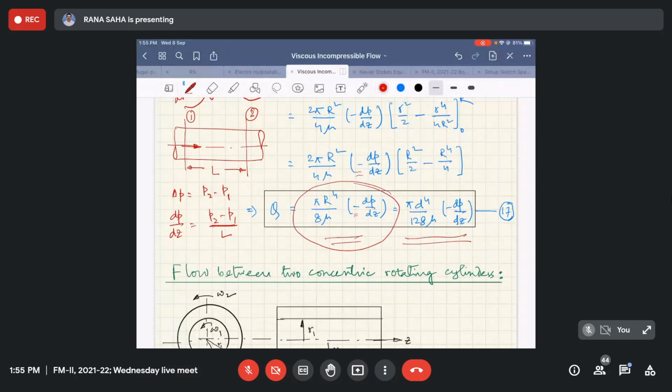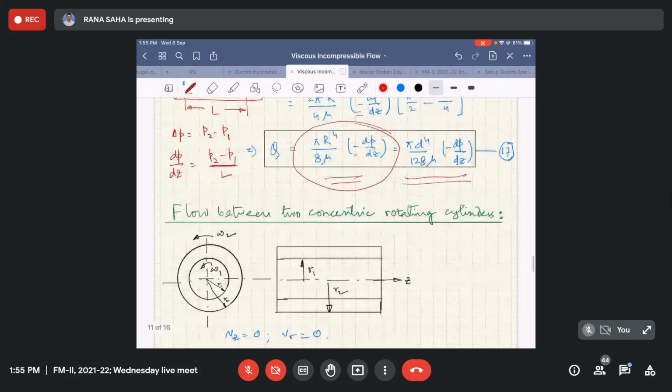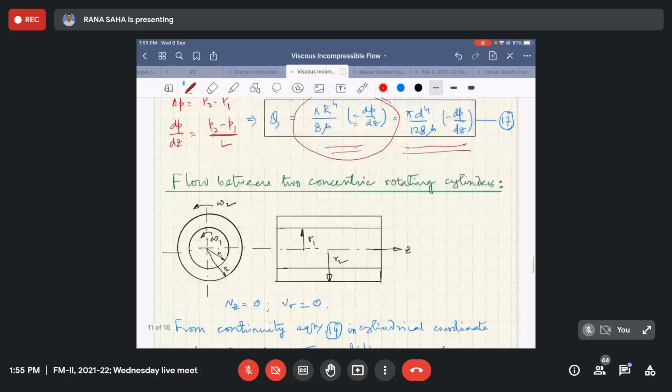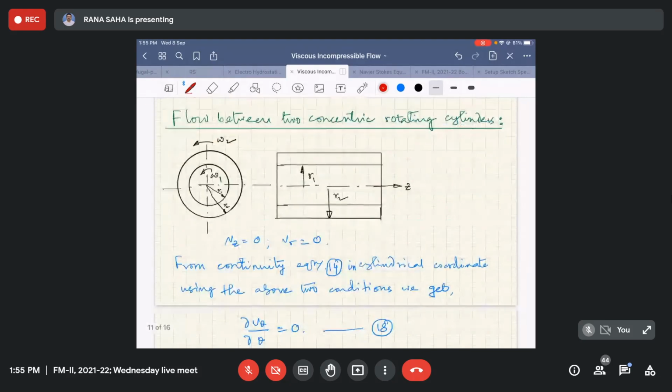Okay. So this is the way actually you need to look into the situation. So for the rest two situations, the basic approach remains same. The basic approach remains same. So if you go through those, I think you can grasp what actually we have tried to do.